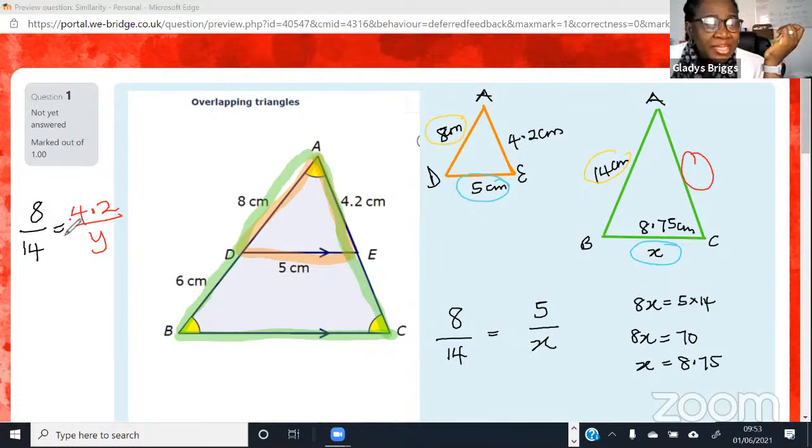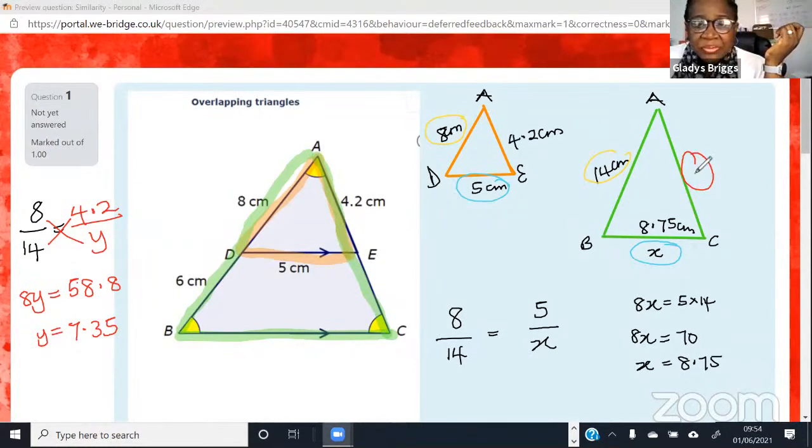So what is y then? 8y is equal to 4.2 times 14. And y is equal to 7.35, yeah?